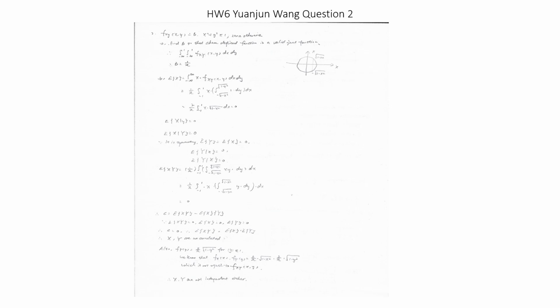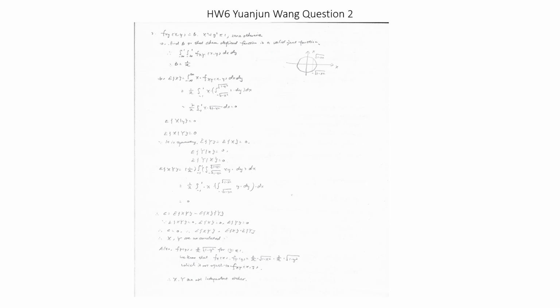So we know that E of X is just equal to the integral from negative infinity to infinity of x times f_XY of x, y dx dy, and then we know it's going to be equal to 1 over pi times the integral from negative 1 to 1 of x times the integral over the y range, because x squared plus y squared is equal to 1.